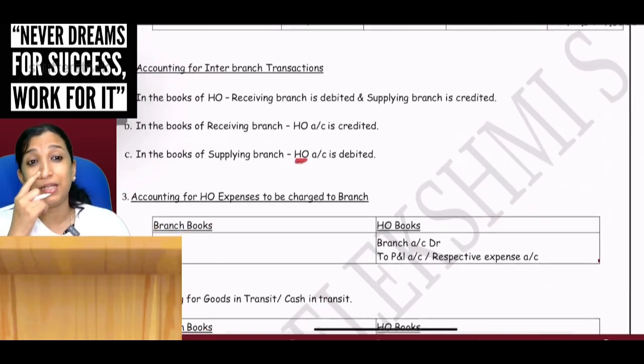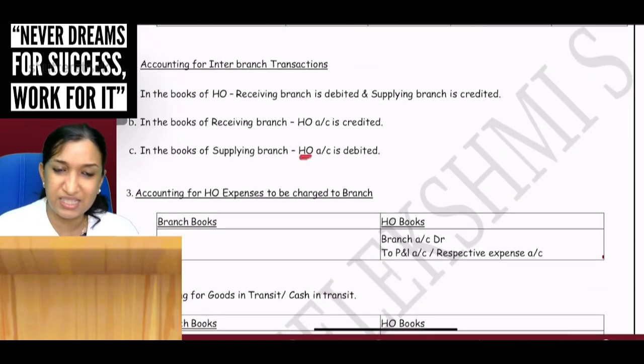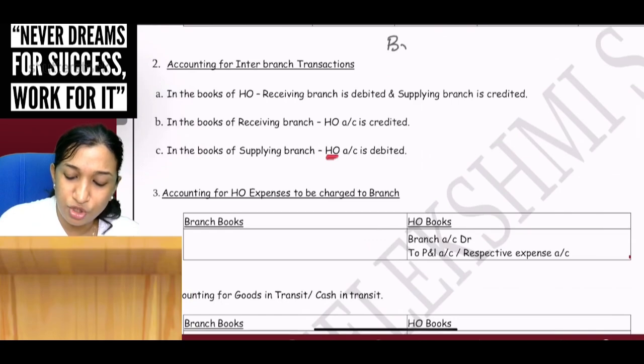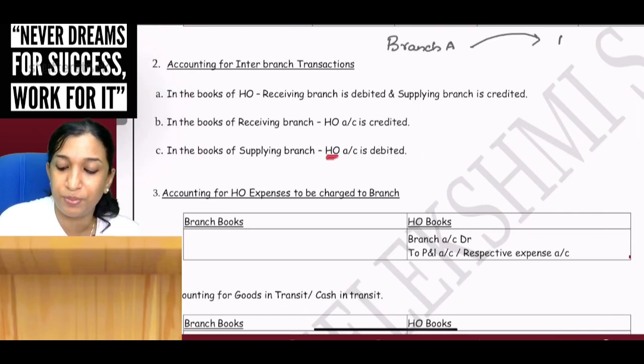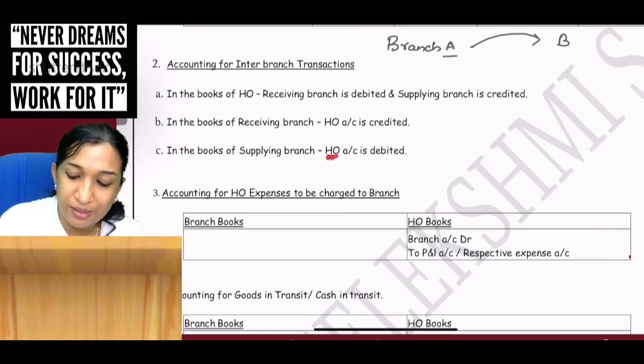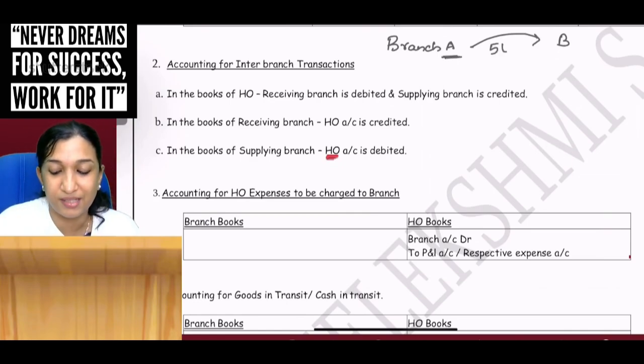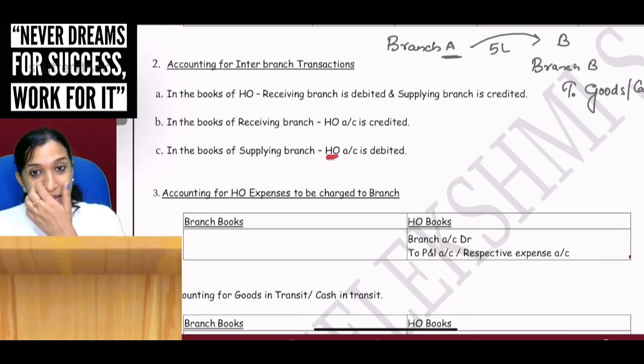Now very important inter-branch transactions which we discussed before, but still, branch A transferred goods to branch B. What is the entry in the books of branch A? Branch A transferred goods of say 5 lakhs. Then my entry should have been branch B to goods or cash. If I am giving cash, cash.